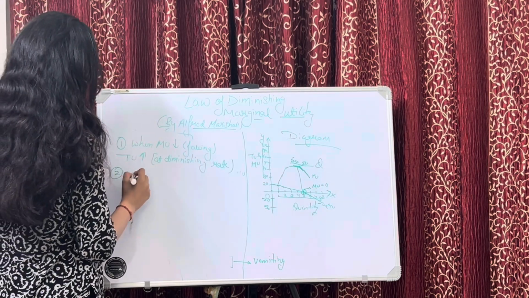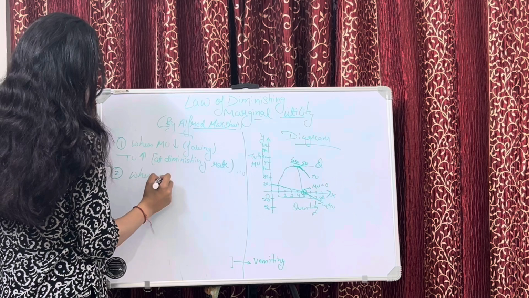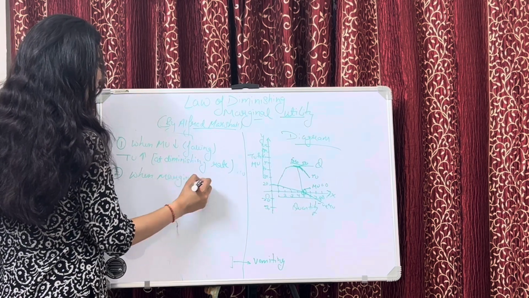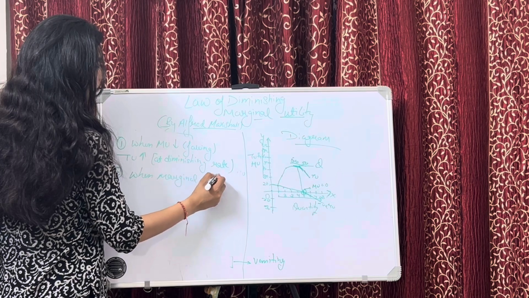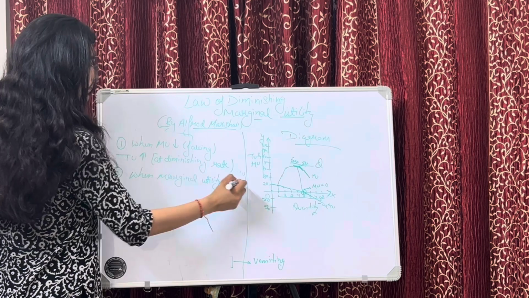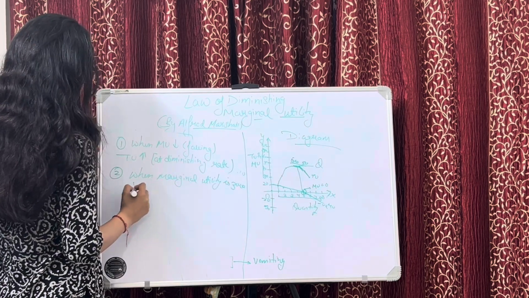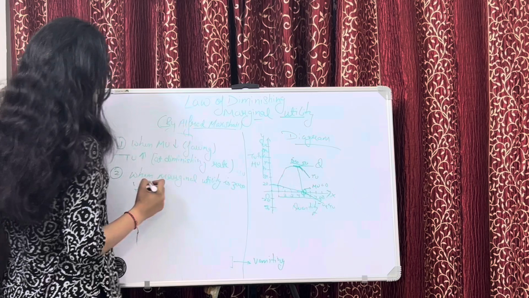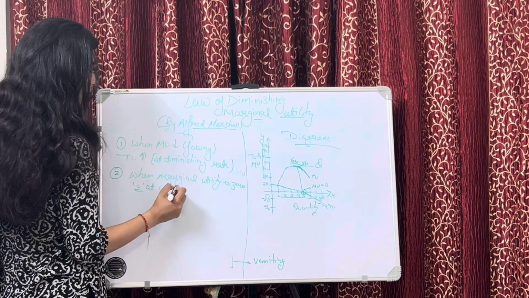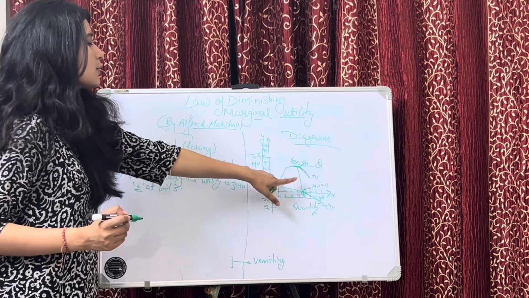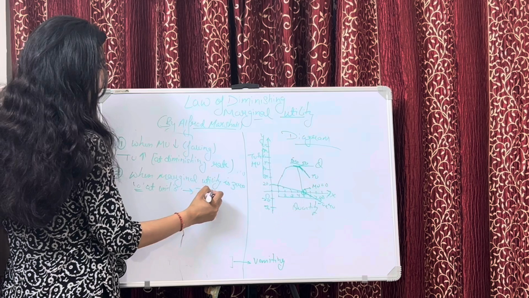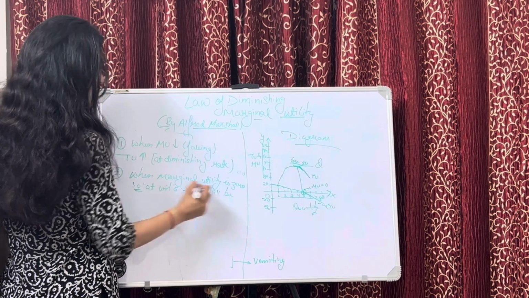Second point, when marginal utility is 0, like at this point at unit 5, your marginal utility is 0, so your total utility will be maximum.